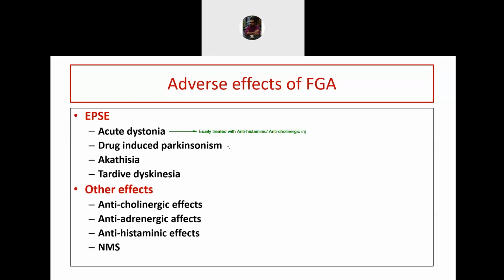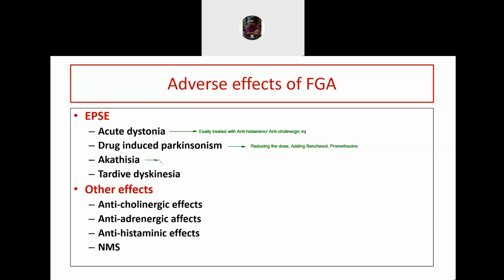These drugs can block the D2 receptor in basal ganglia and cause drug-induced Parkinsonism. Drug-induced Parkinsonism is treated by reducing the dose of the drug, adding anticholinergic agents like benzhexol or antihistaminic agents like promethazine, which have additional anticholinergic action.